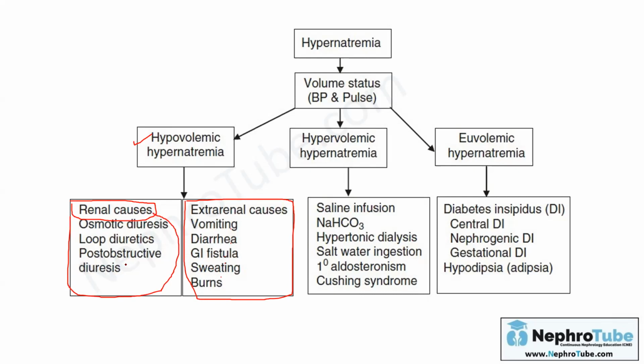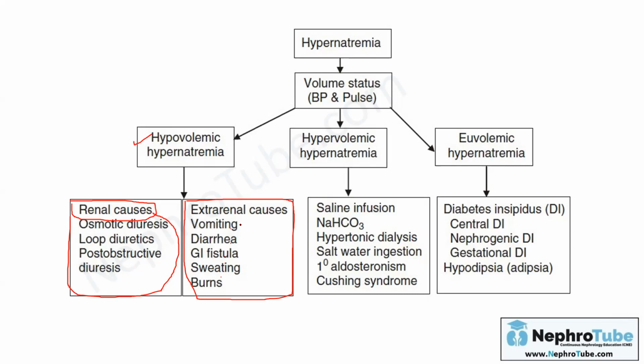Post-obstructive diuresis occurs in patients with BPH that you inserted a catheter for, or a patient with a stone that was causing hydronephrosis, and the stone passed. This will cause a polyuric phase of ATN. All of these cases cause post-obstructive diuresis, and this may cause hypovolemic hypernatremia.